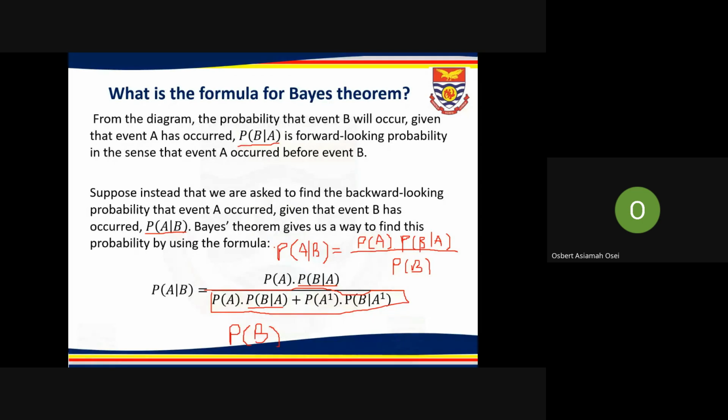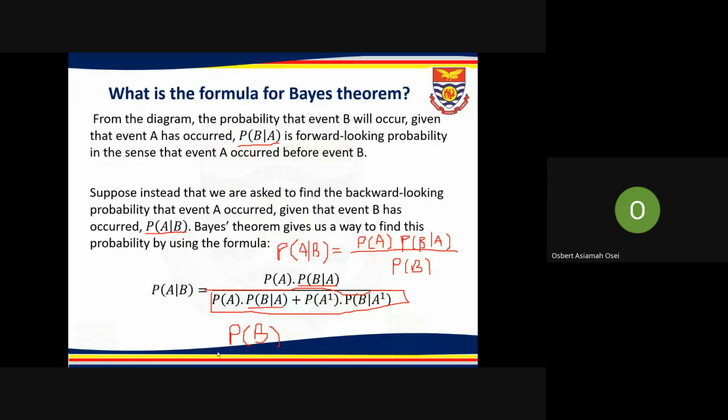So please, let's jot this one down. If you want to get the probability of B occurring, you look at the probability of A times the probability of B occurring given that A has already occurred, plus the probability of A complement times the probability of B occurring given that A complement has already occurred.